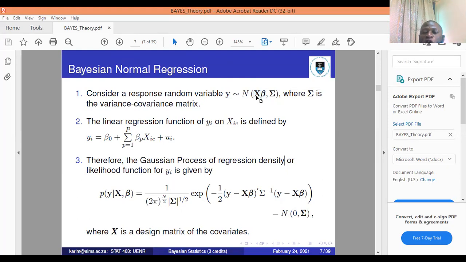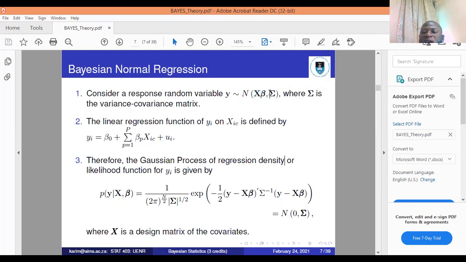Remember, when you fit your normal regression model, the expected equation is y equals x beta. So x beta, in fact, is the mean for the random variable. So we are saying under the regression analysis, y is normally distributed with mean x beta.